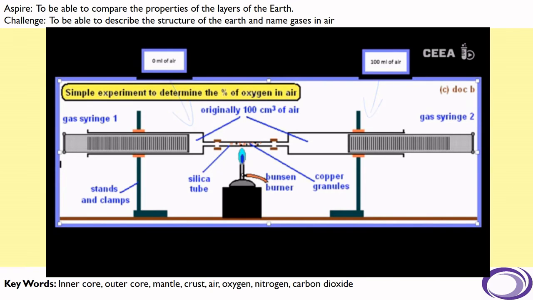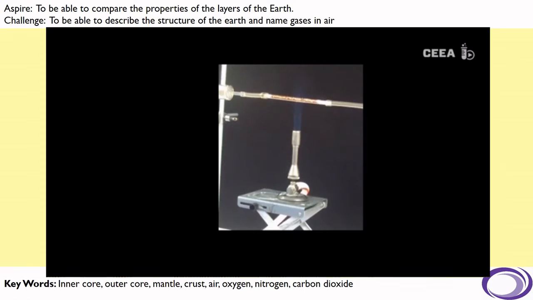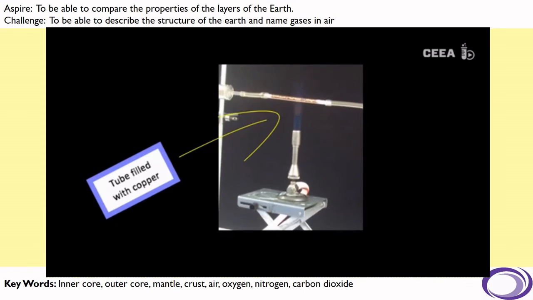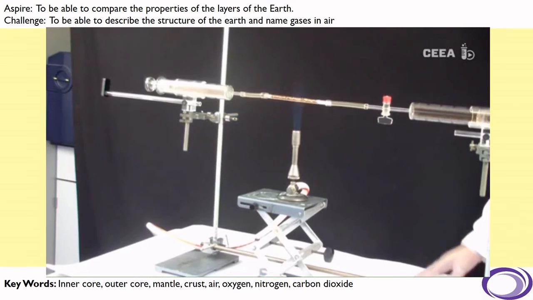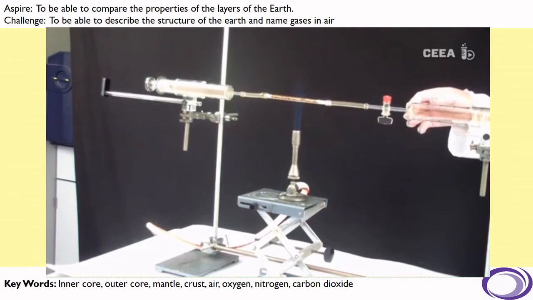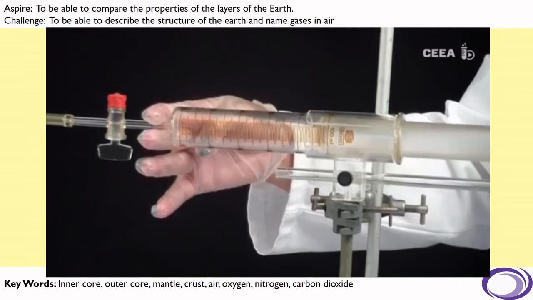First we light the Bunsen burner and start to heat the tube with the copper inside. We now start to move the syringes to and fro for approximately 50 times to pass the air in the syringes over the hot copper. We continue the heating and the moving.